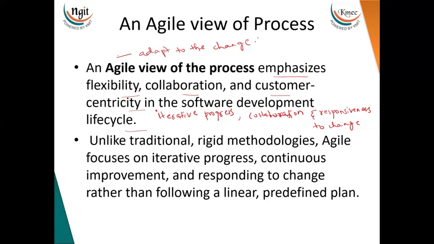Let's talk about the importance of agile. What is the importance of agility? The need for agility arose because software development processes have become more complex. We have discussed a couple of process models earlier, for example the waterfall model, which we can consider only when our requirements are fixed or static.